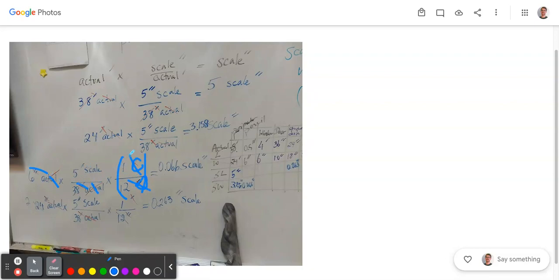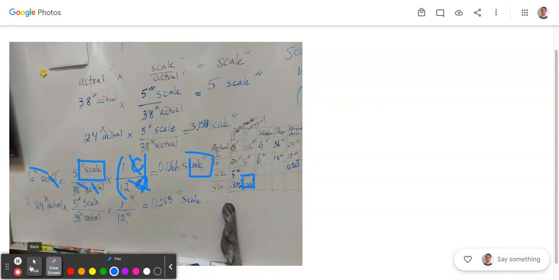Now feet can be canceled on the top and bottom. And we're left with just scale inches. That's the unit we're sticking with. Now we can just multiply across. 6 times 5 times 1 divided by 38 divided by 12 equals 0.066 scale inches. That's what we're going to put right here for the scale width.